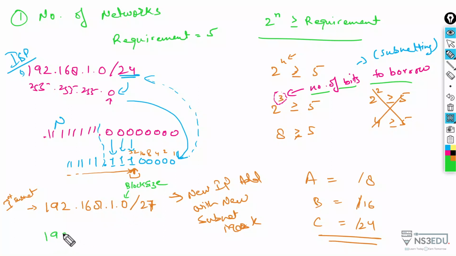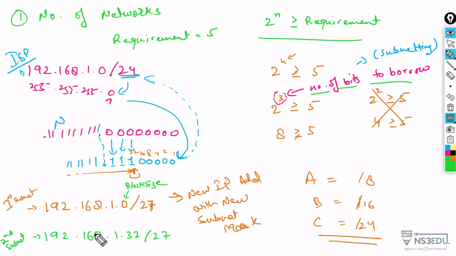We will add this: 192.168.1.32/27, and this is the second subnet. Are you getting my point?